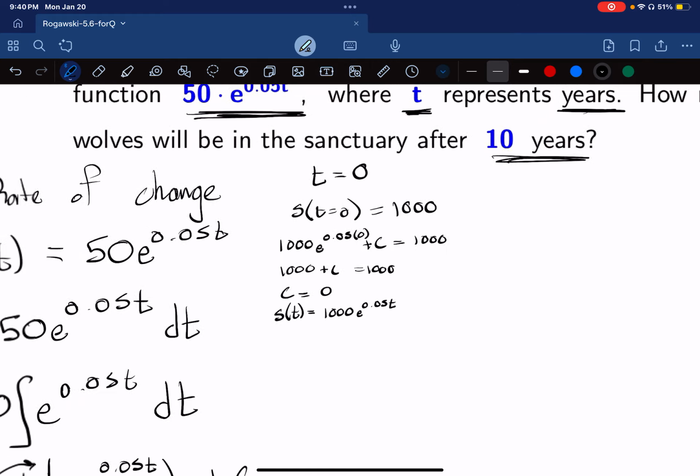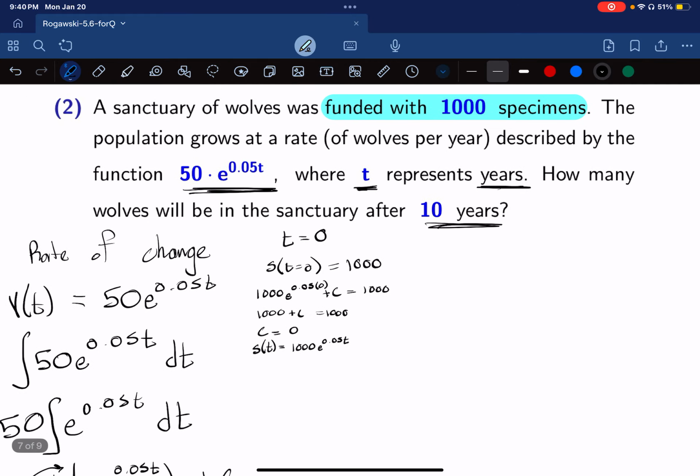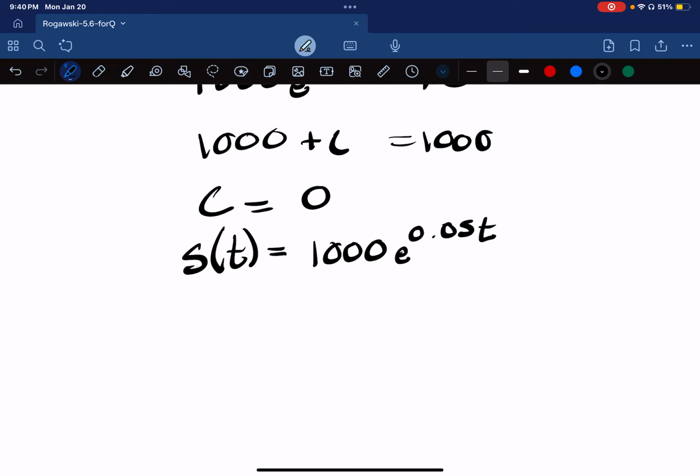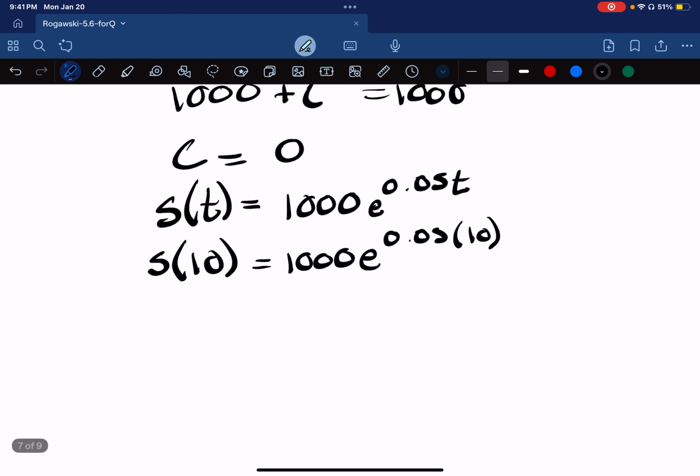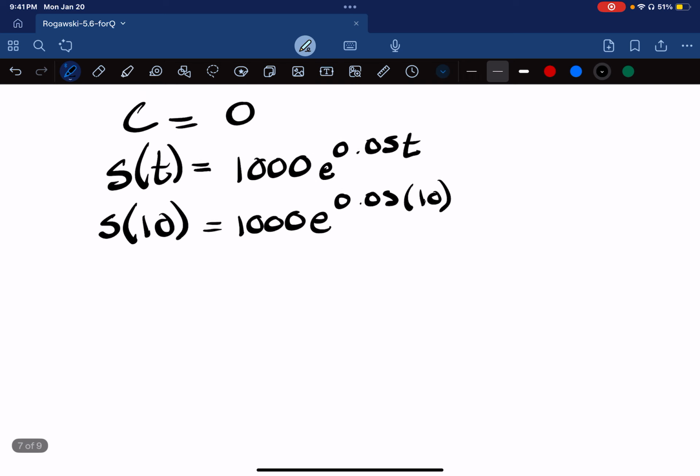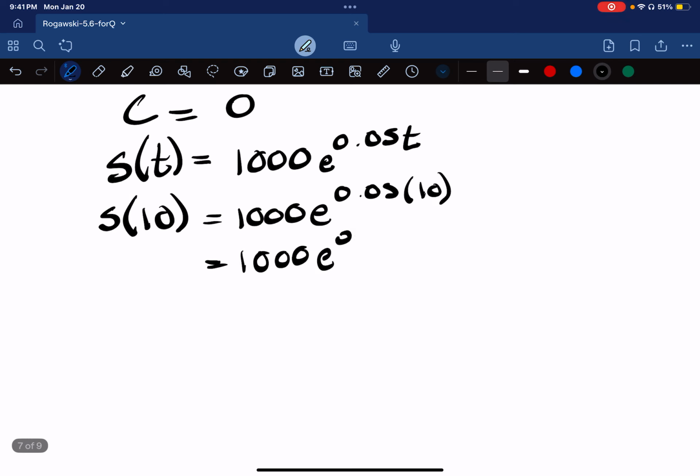But for this question, all we're going to do right now is sub in 10 for t. So s of t is equal to 1000 e to the 0.05 times 10. Now, I don't need a calculator for this, but 0.05 times 10 is simply 0.5. Yep.